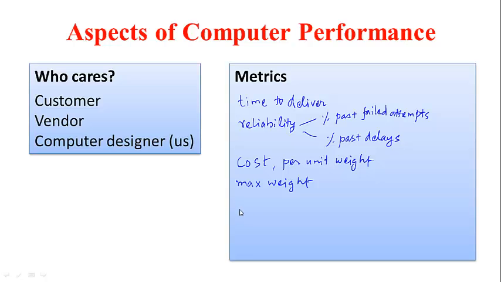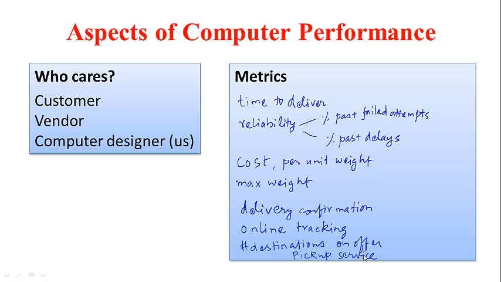Maybe you will also be worried about factors such as delivery confirmation. Another factor could be whether they have an online tracking facility, number of destinations on offer, whether they have a pickup service at your address, and so on. So clearly, there are a whole range of metrics which can be measured to quantify the performance of one courier service versus another. So let us now come to computer systems.